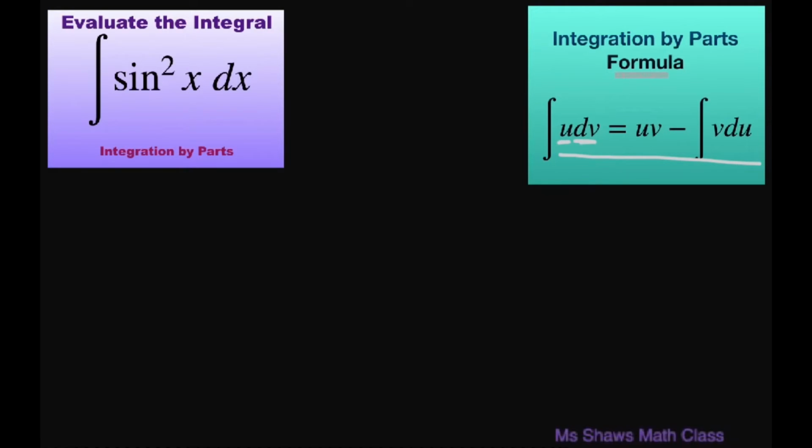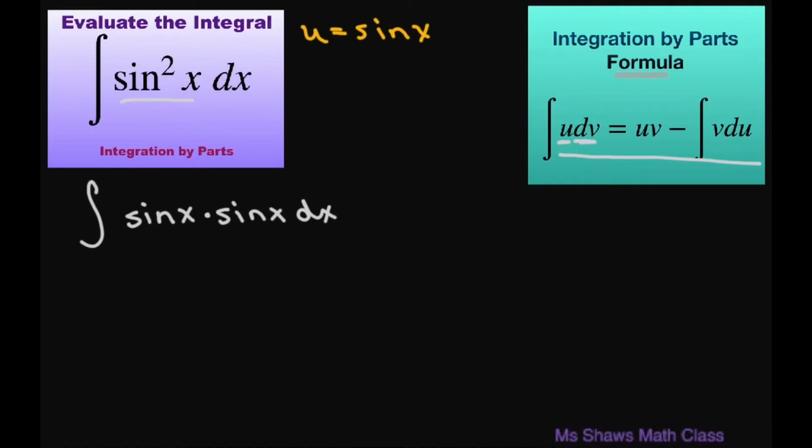For us, we have this sine squared, and I can rewrite that as the integral of sine of x times sine of x dx. And that way, I'm going to let my u equal sine of x. So that would be the first one.